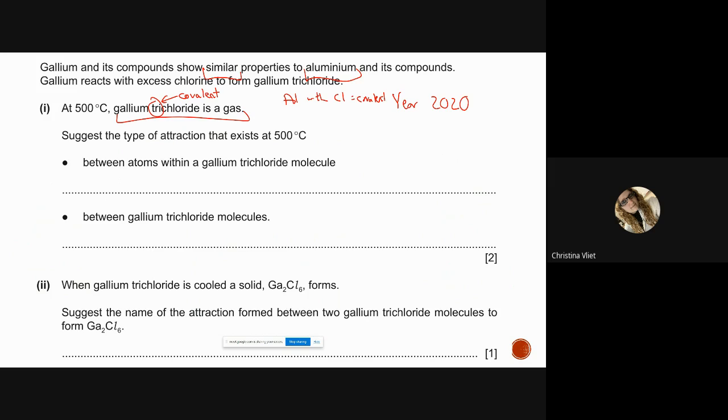If I see mono, di, tri, tetra, that's a key word that tells me what I'm looking at is covalently bonded, not an ionic compound. And so you've been given a couple of clues in here that it's covalent. The type of attraction means intermolecular force.